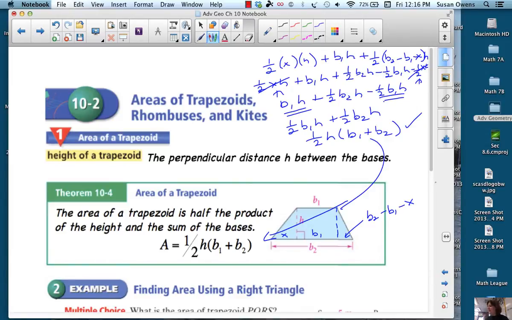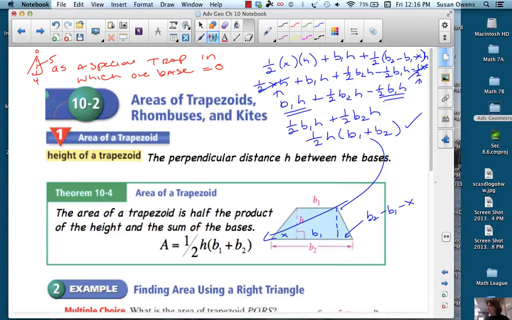Another way that I like to think about this one is you can think of a triangle as a special trapezoid in which one base equals 0. So if you take a look at this triangle over here, maybe this base is 4 and this height is maybe 5, and then the other base up here is actually 0 because it comes up to a point.